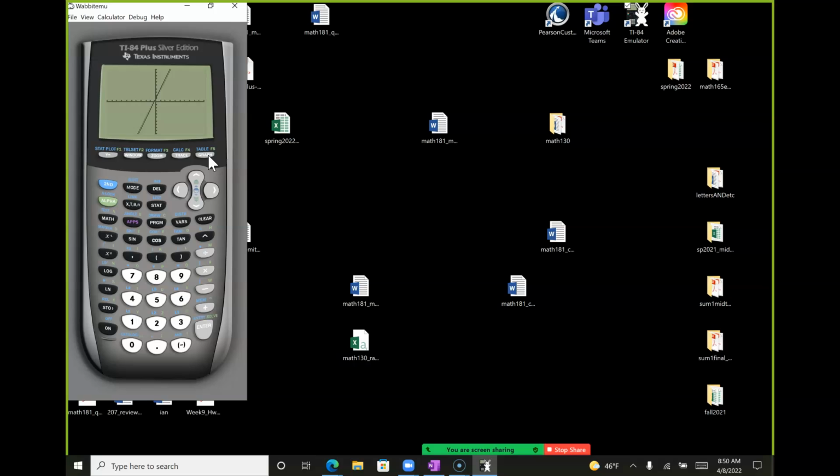I think this is fine. Let's find out though. I go second calculate, integral, number 7, and I start at 2 and then I go to 5.